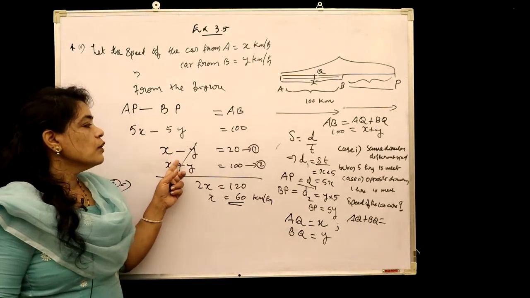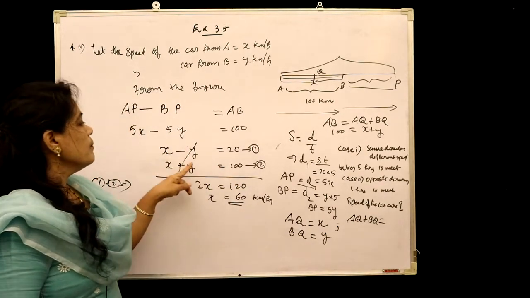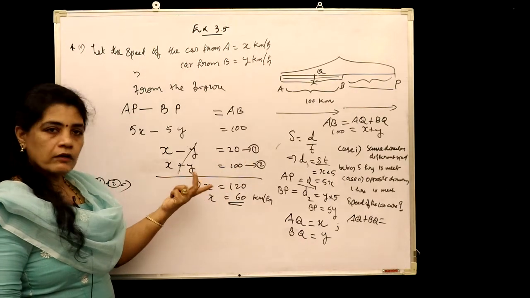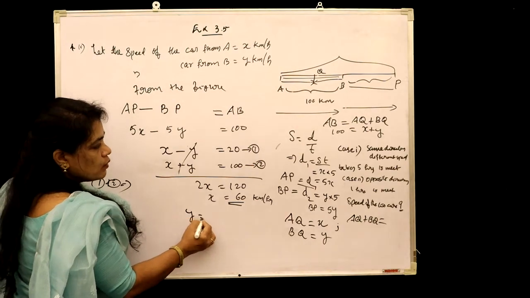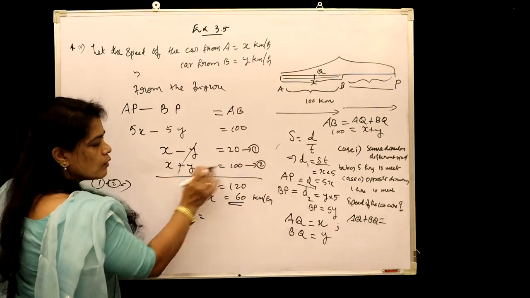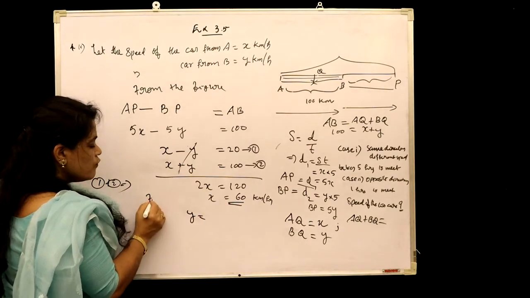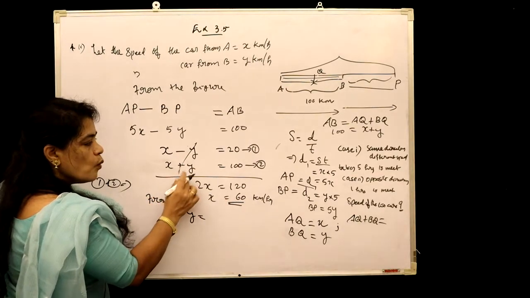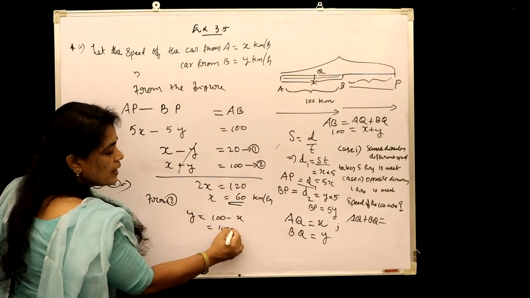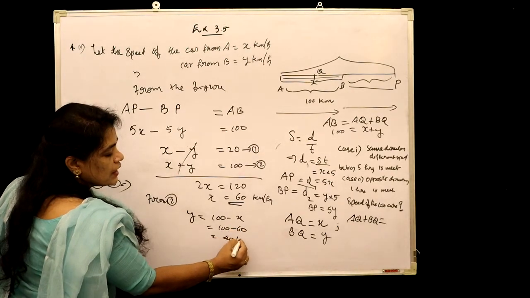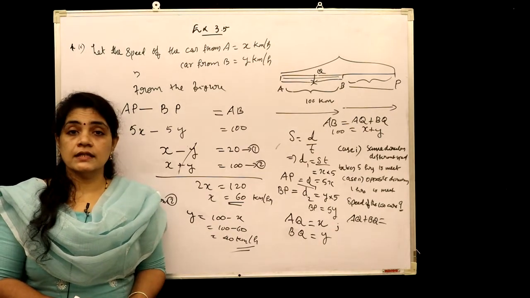To get y, the speed of car B, from equation 1 or equation 2 you can get y. From 2, y is equal to 100 minus x, or 100 minus 60, that is 40 km/h.